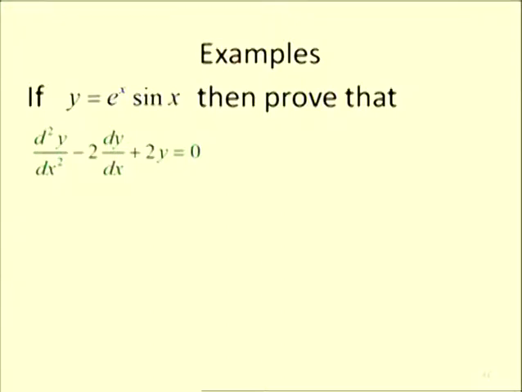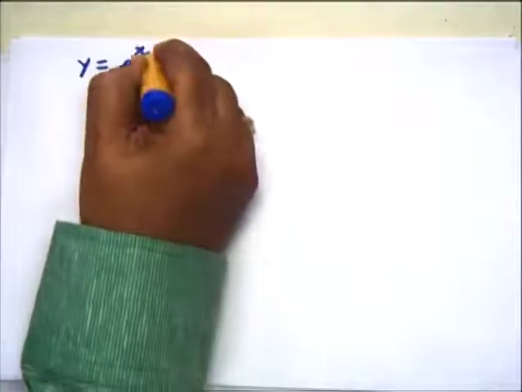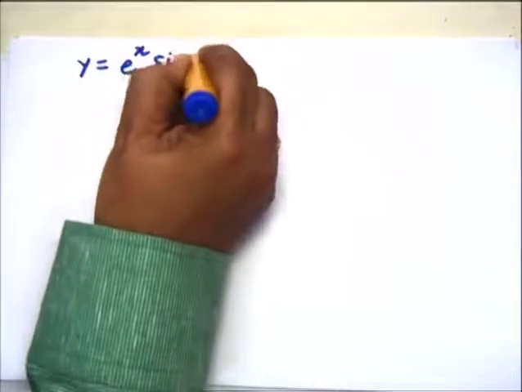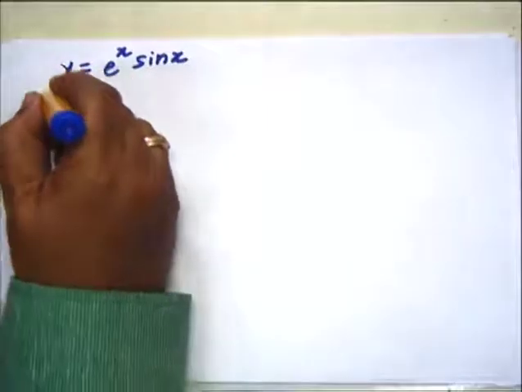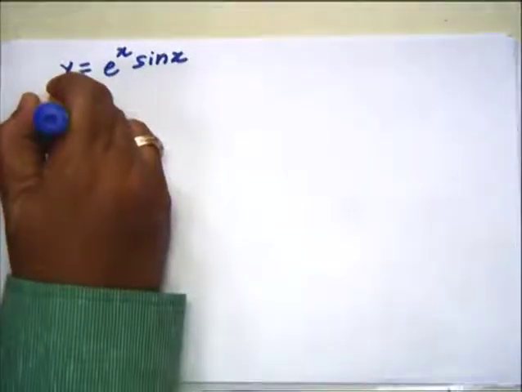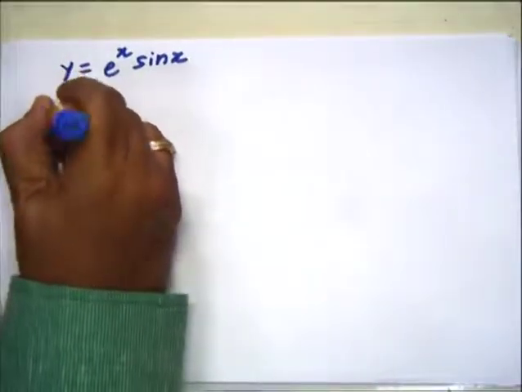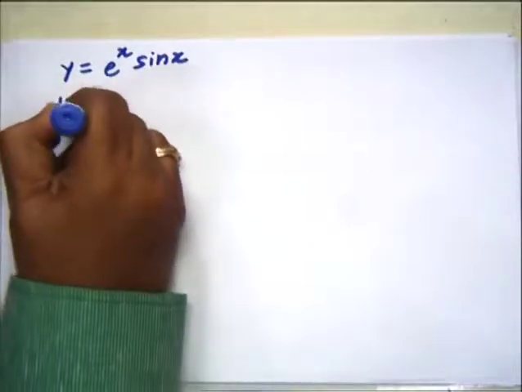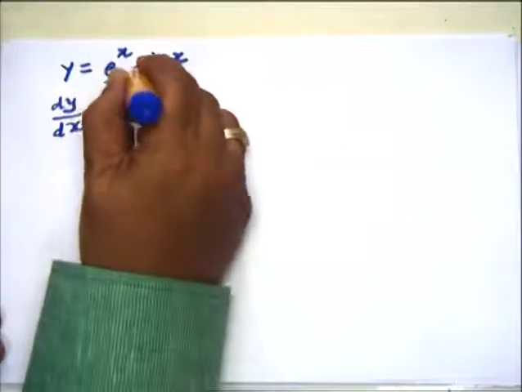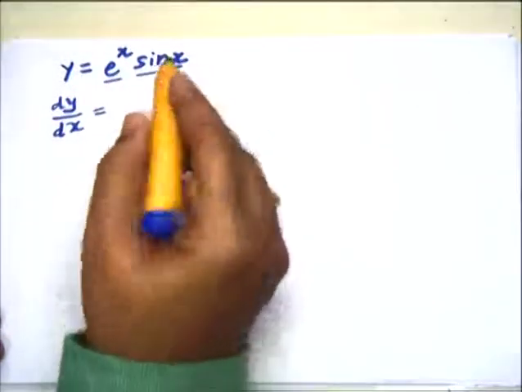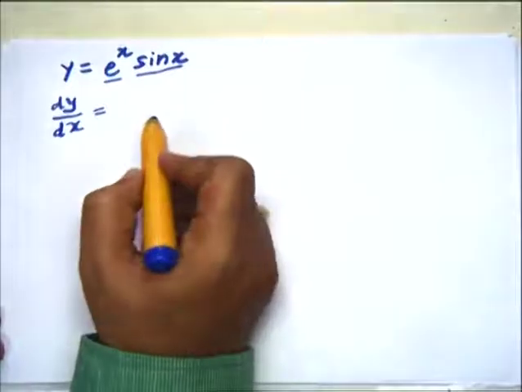So let us solve here. The function given to us is y is equal to e raised to x into sin x. Now if we want to prove the result, we first get dy by dx, that is first order derivative. Here we are given product of two functions, one is e raised to x, another is sin x.